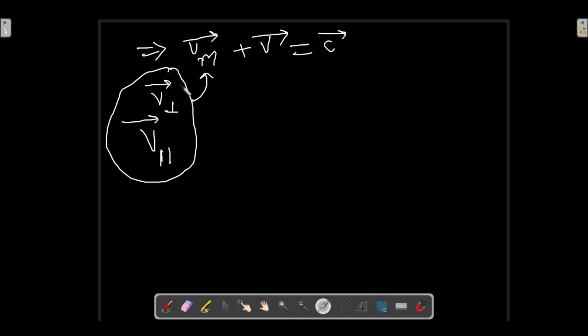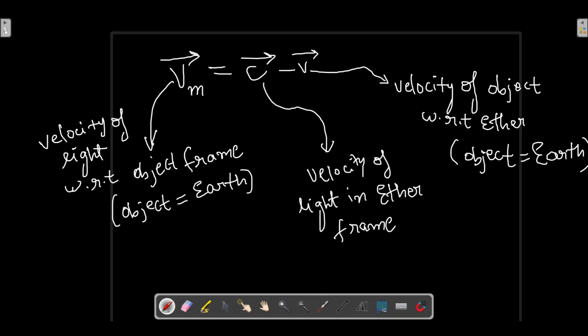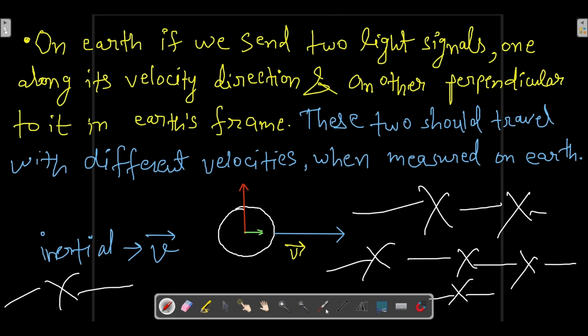Now this Vm vector can be V perpendicular and it can be V parallel. Only these two are possible because we are sending two perpendicular light beams with respect to Earth's frame. One of the light beams is parallel to the velocity of Earth in ether, and the other light beam is perpendicular to the velocity of Earth in ether.